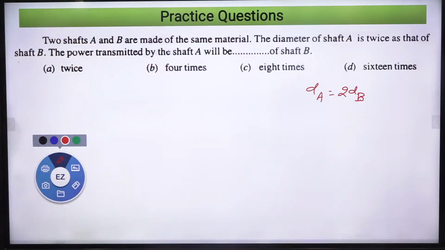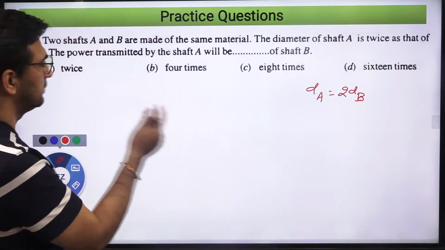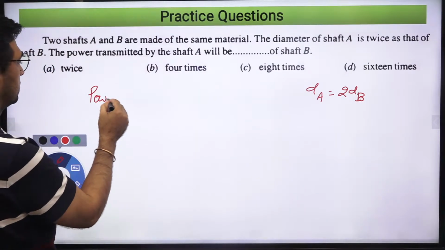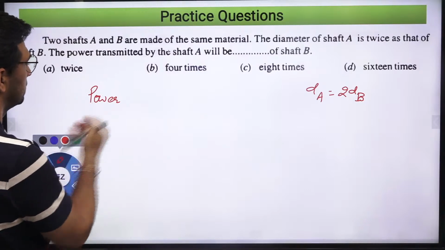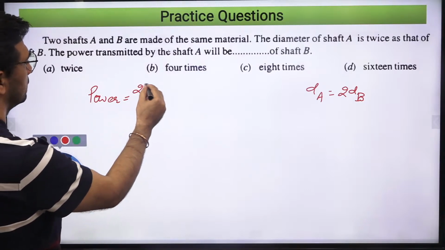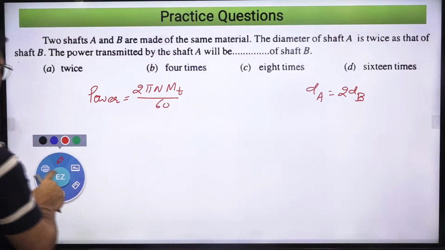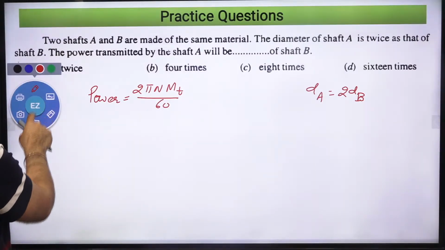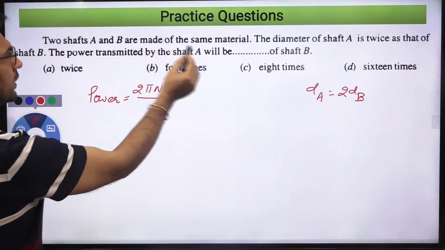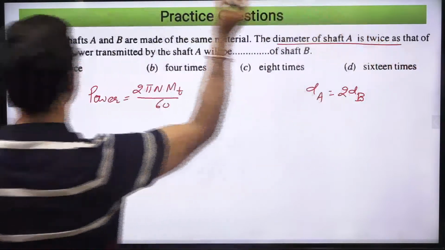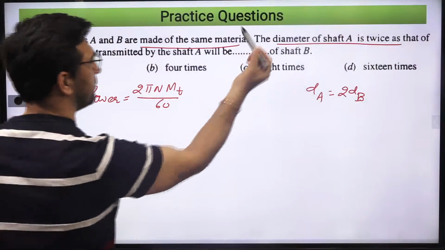The power transmitted by shaft A will be? Let's say this is how it is. But he has mentioned, sorry, he has given that they are made up of the same material, right?